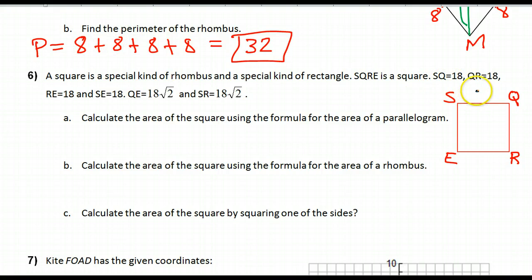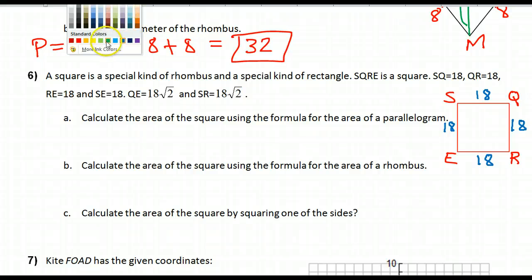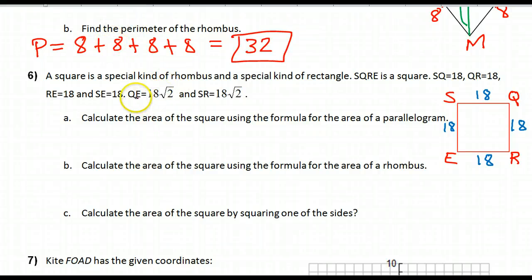And what do we got? SQ is 18. Of course, QR is 18. We really didn't need to be told that. RE is 18. It's a square, so of course all 4 sides are the same length. Alright, but we are also given that QE is 18 radical 2. Okay, so here's QE, and that is 18 radical 2.